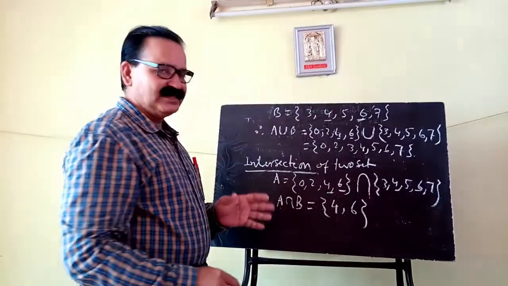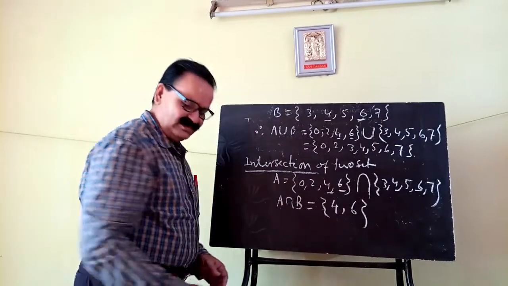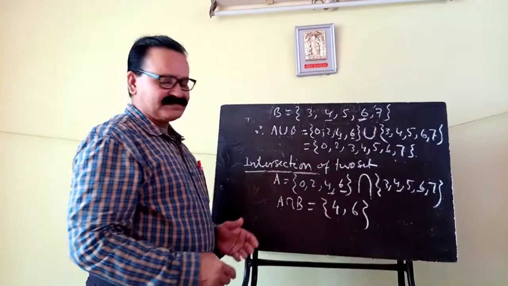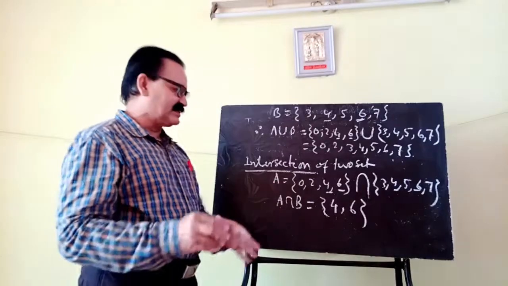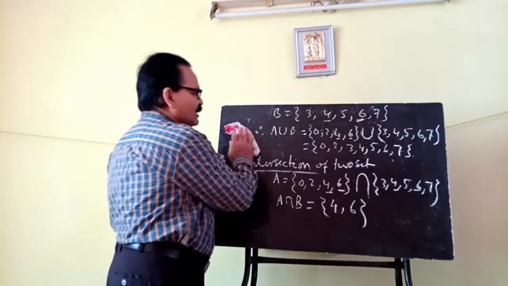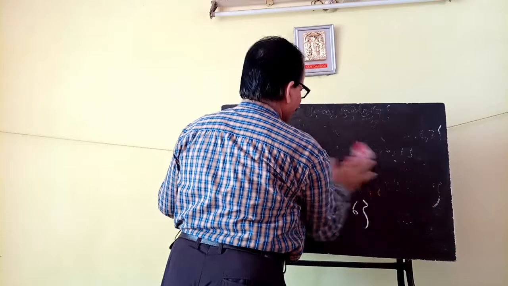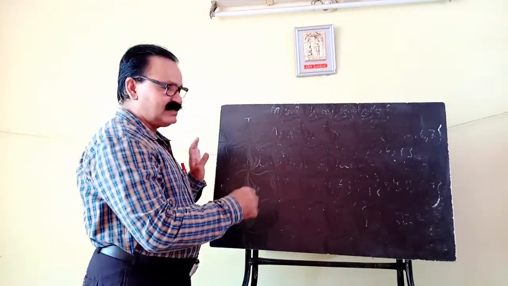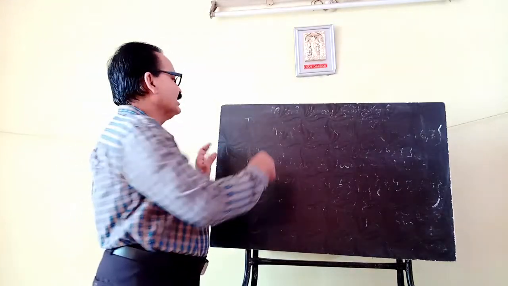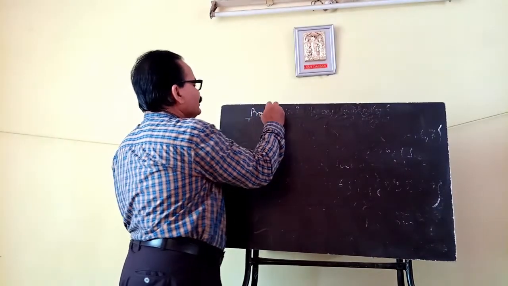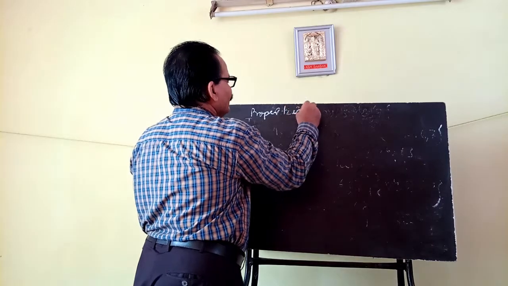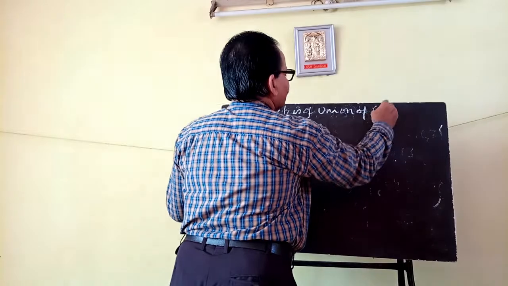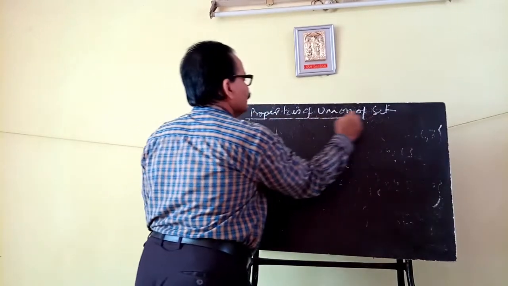Now you have to see the properties of union of sets as well as the properties of intersection of sets. There are 5 basic properties altogether. These are the properties of union of sets.